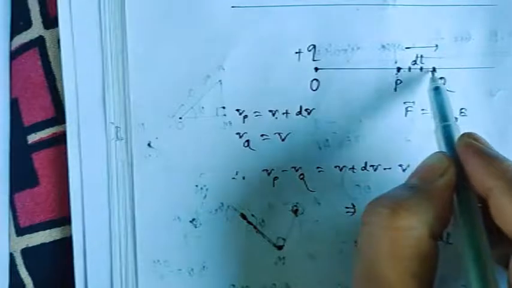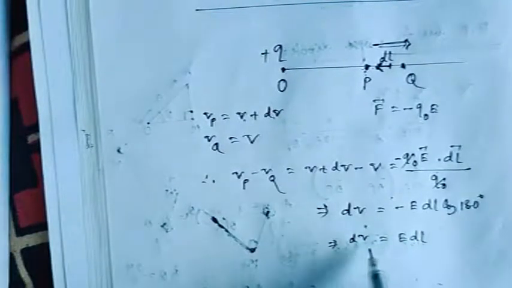Therefore dV equals E dl, because the electric field is along this direction and we want to bring the charge along this direction. So dl is along this direction and QE is along this direction. So that's why cos 180 degree. Therefore this minus will be plus, dV equals E dl.